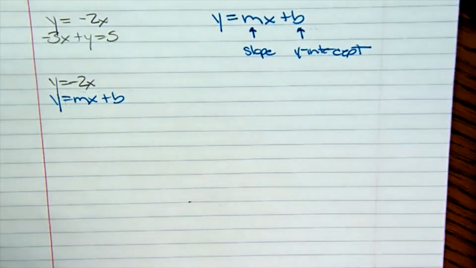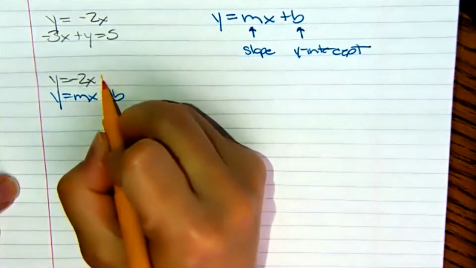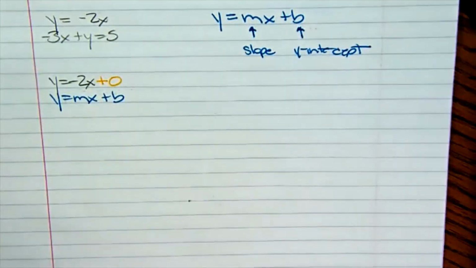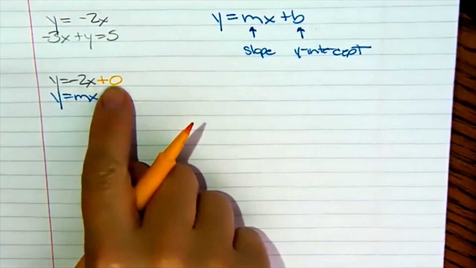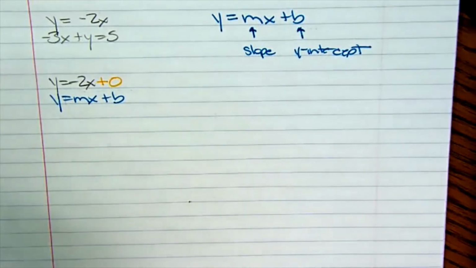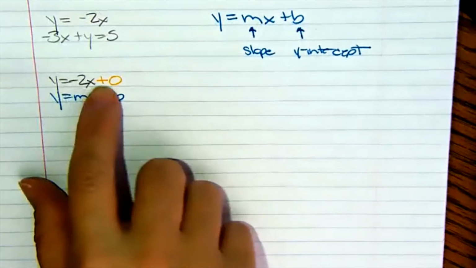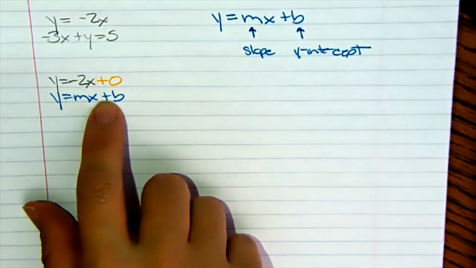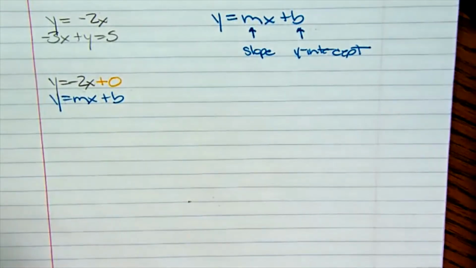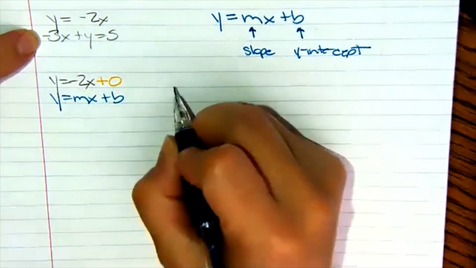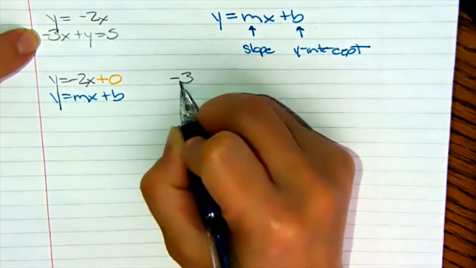It's there. It's just invisible. Remember, if you can't see it, it's invisible. That's because it's plus 0. So yes, this first equation is written in slope-intercept form. That's kind of nice.